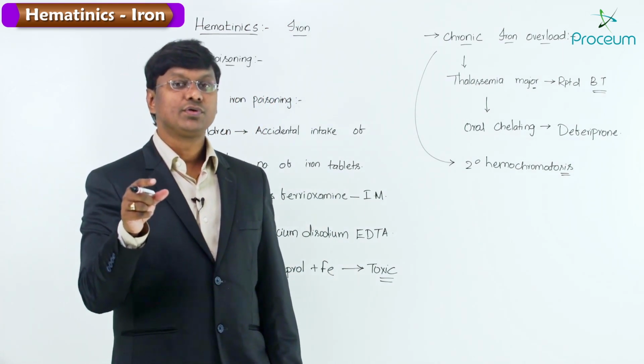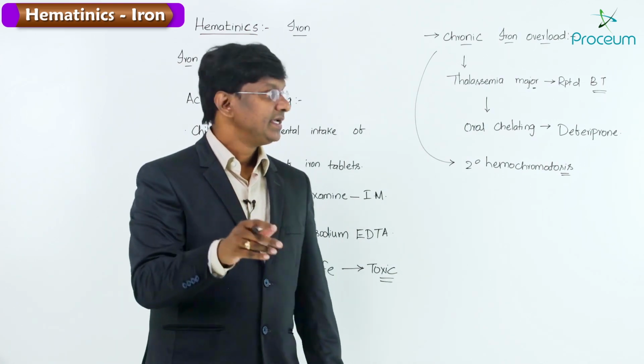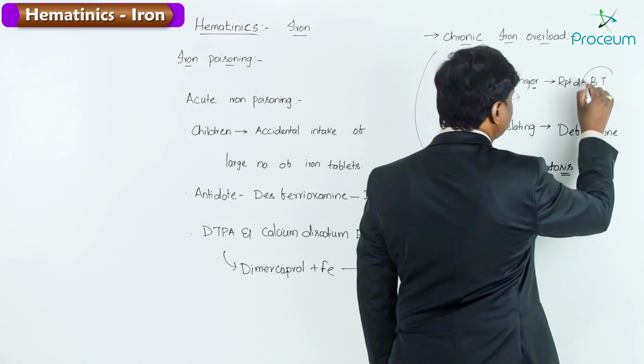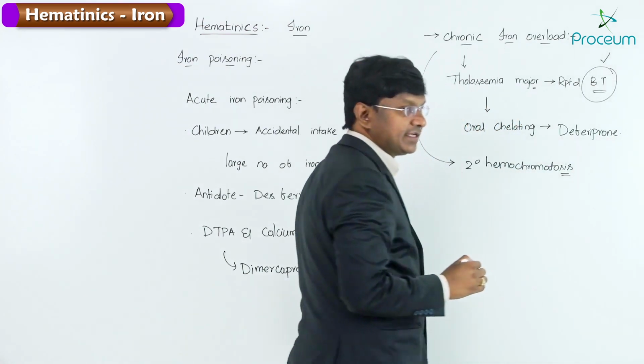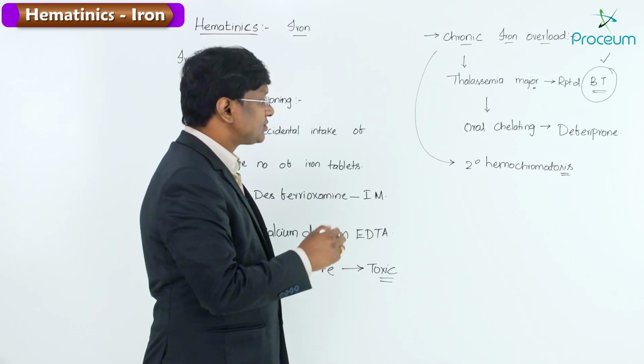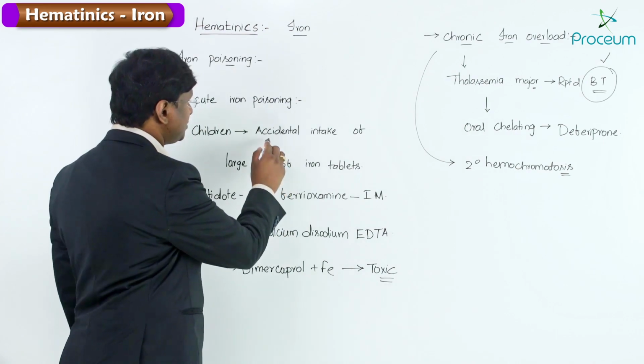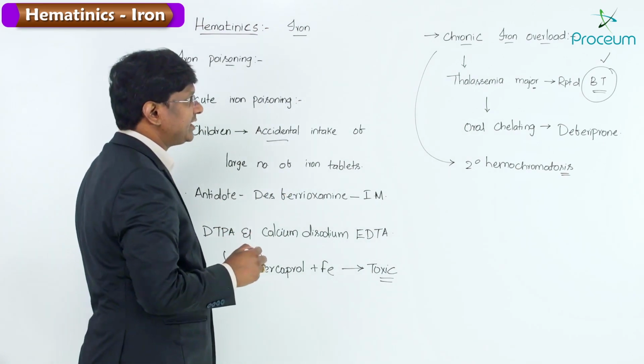But if the iron overload is due to excess iron supplementation, in the form of repeated blood transfusion, that is called secondary hemochromatosis. So, acute iron poisoning is due to accidental intake of large number of iron tablets.